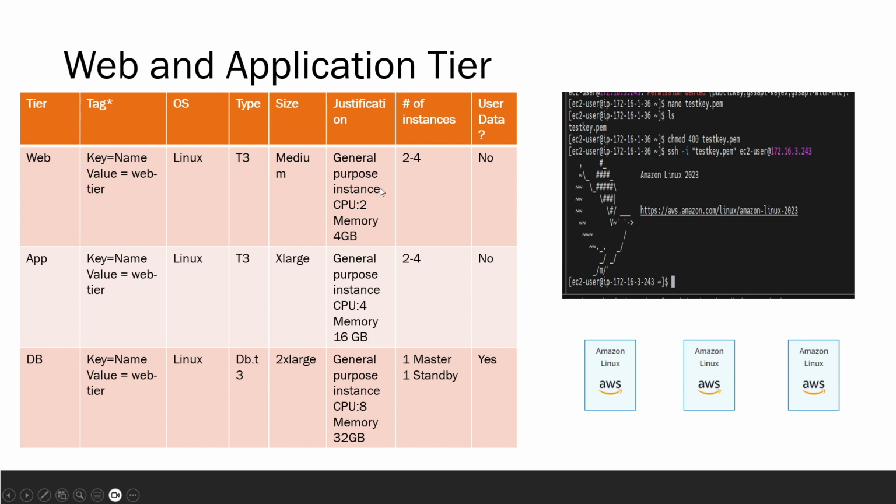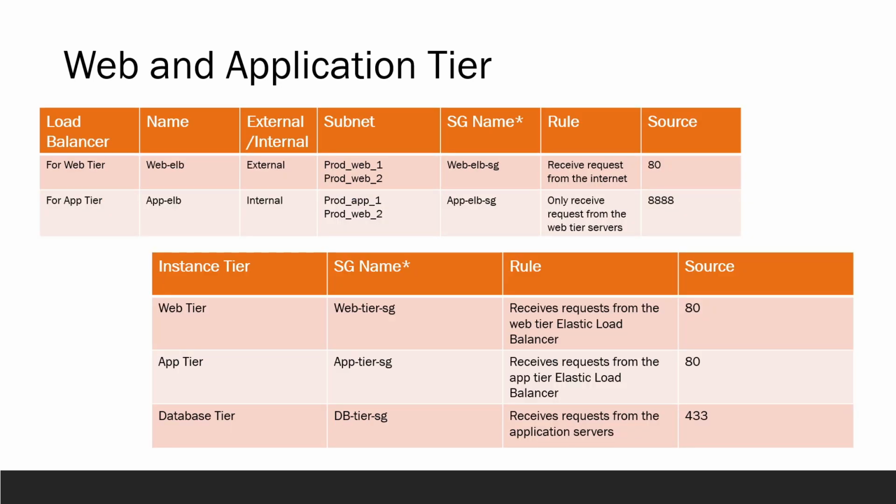I use general purpose instances with CPU to memory of 4. I can use Linux instances 2 to 4, but I only use 3 in my real diagram. For the web application tier, what I show you here is internal and external.